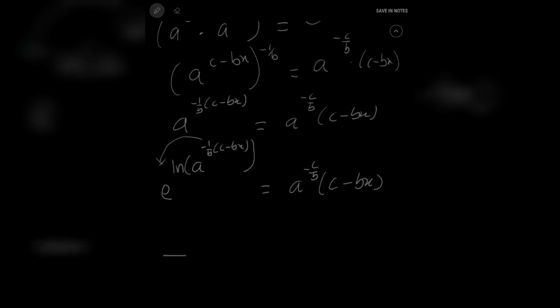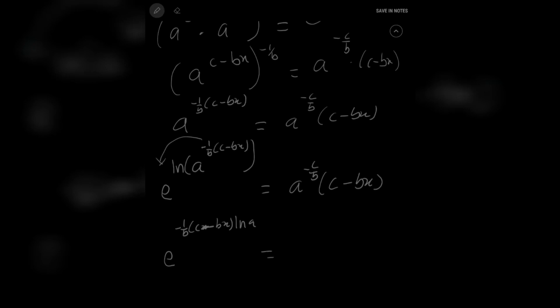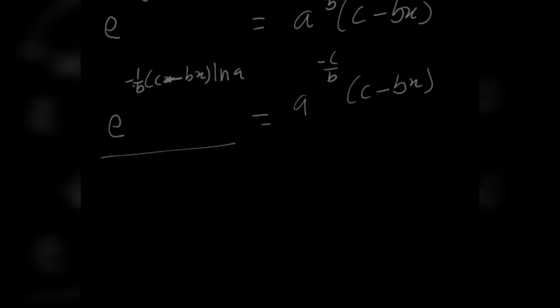So we get e raised to the power minus 1 over b multiplying c minus bx, then multiply the natural log of a, equals a raised to the power minus c over b multiplying c minus bx. Okay, now this is what we are going to do next. We are going to divide through by this whole thing, c minus bx, natural log of a, same thing here.